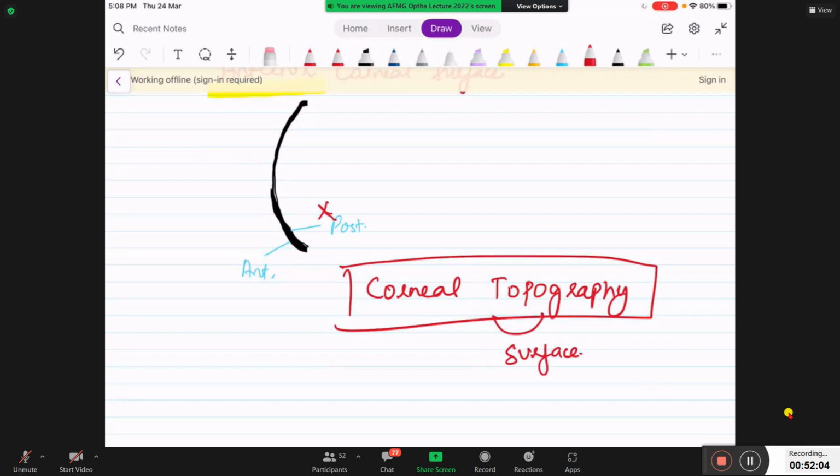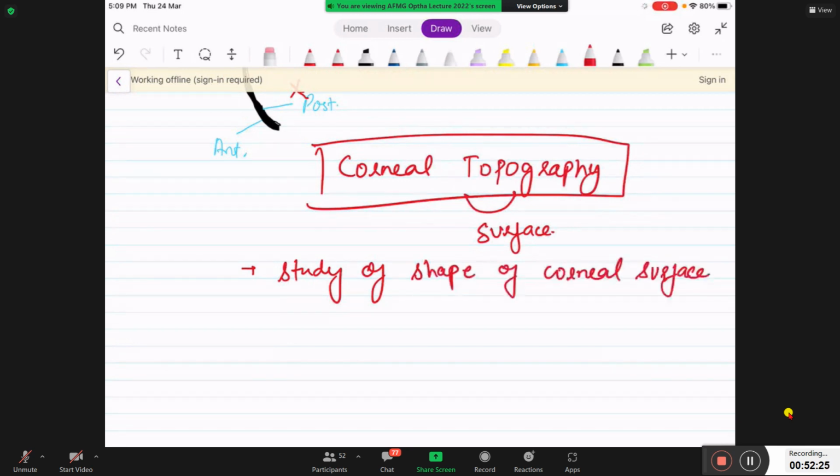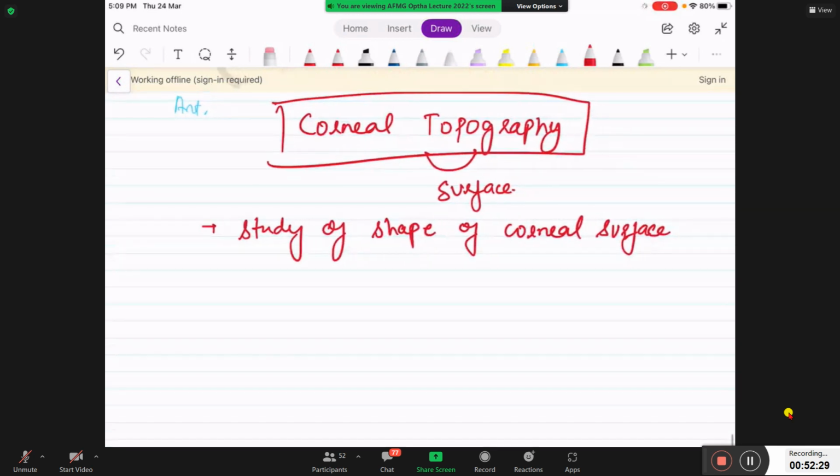Write down, topography is the study of the shape of the corneal surface. Clear?